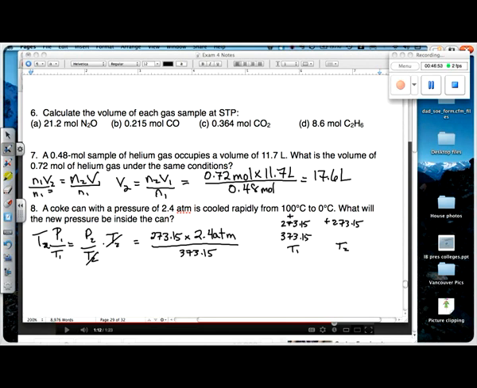And our new pressure, temperature went down, so pressure should go down, and it did. 1.76 atmospheres is our new pressure. And that concludes lecture 22. One more to go.